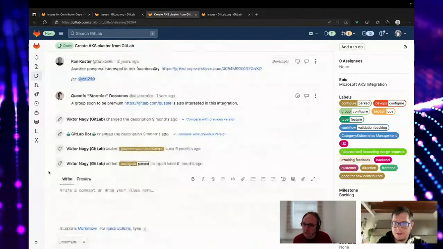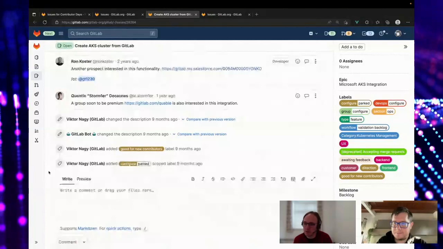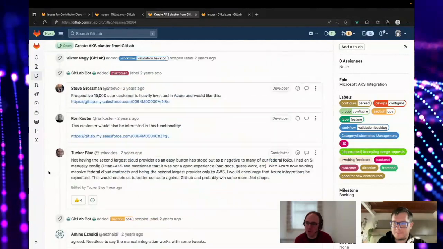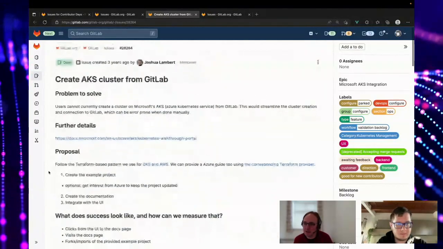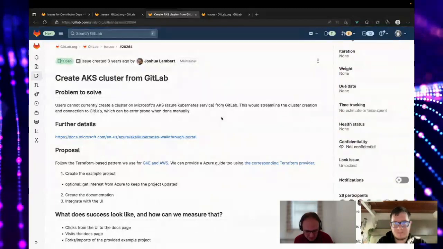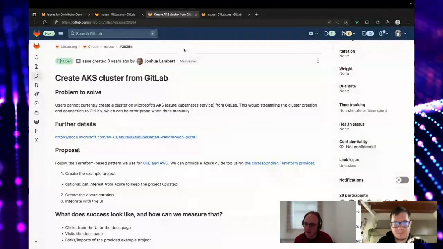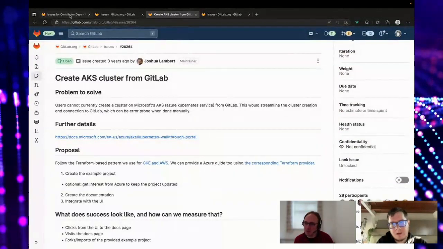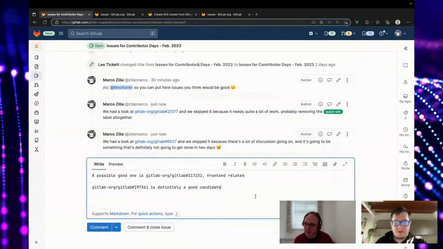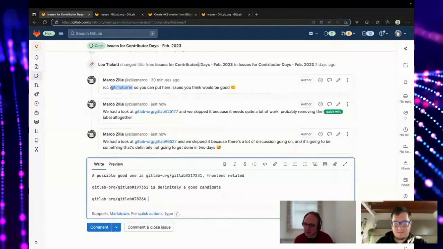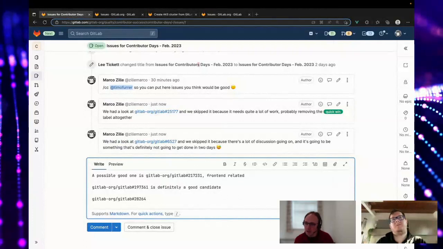Obviously, whoever does do this would need at some point a bit of AKS access to be able to test it, and I don't know the specifics around testing that, and would it need to be in there?